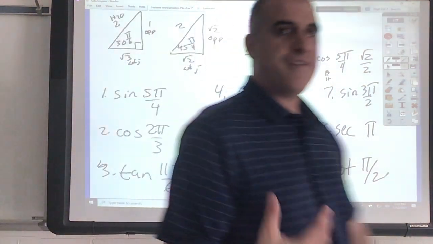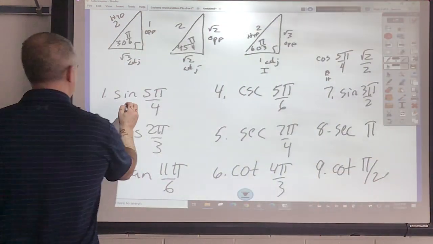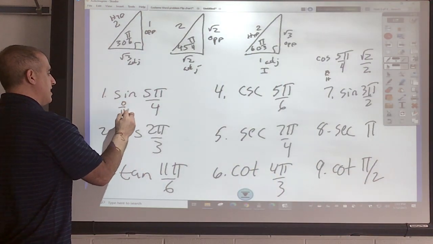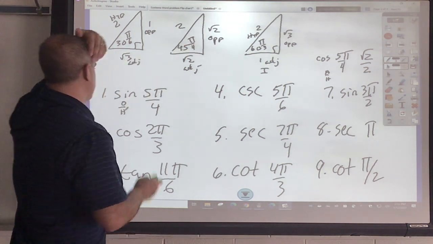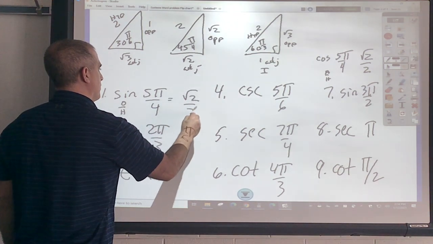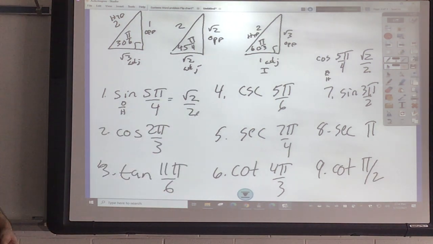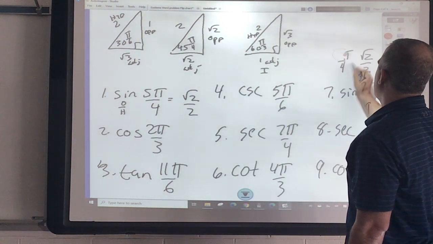We should already know which triangles they tie back to. So this is O over H. This is the pi over 4 triangle, so the opposite would be square root of 2 over 2. The big thing we have to figure out is what quadrant they're going to be in.